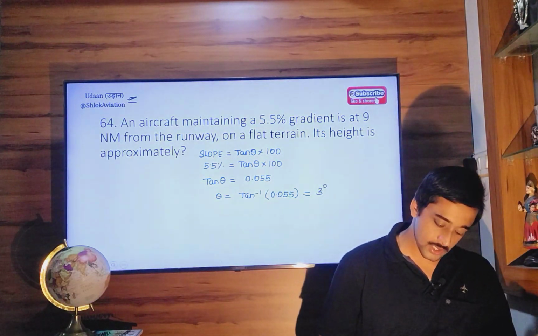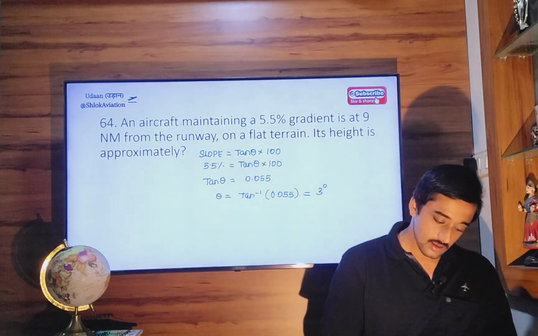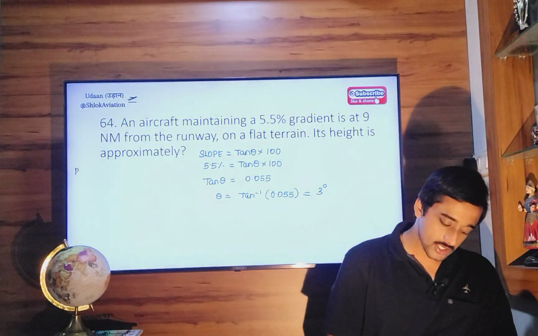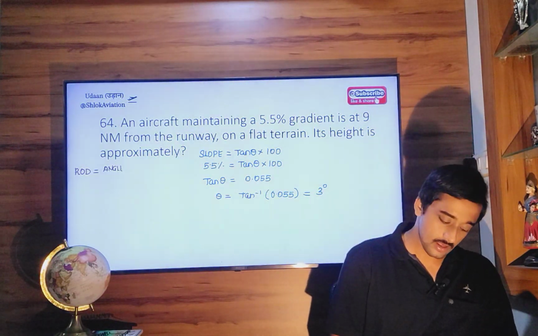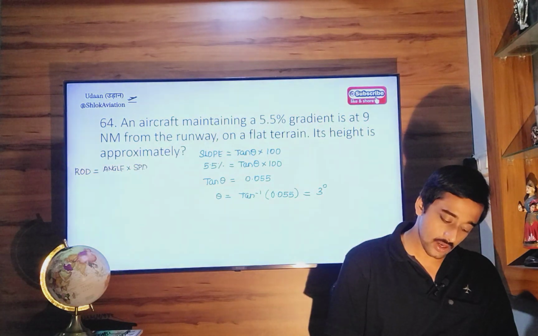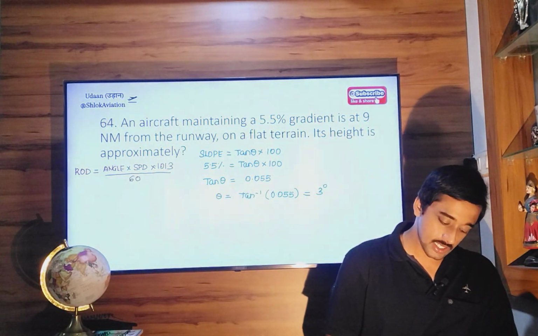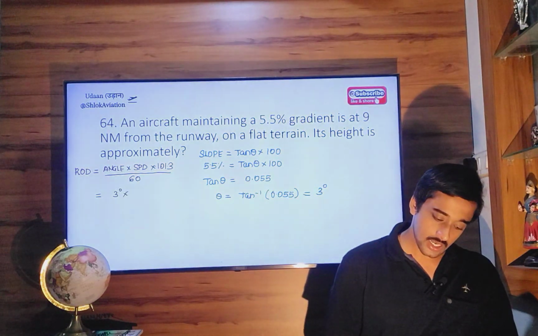Now use the ground speed formula. Rate of descent equals glide slope angle into ground speed into 101.3 divided by 60. So 3 degrees into speed.